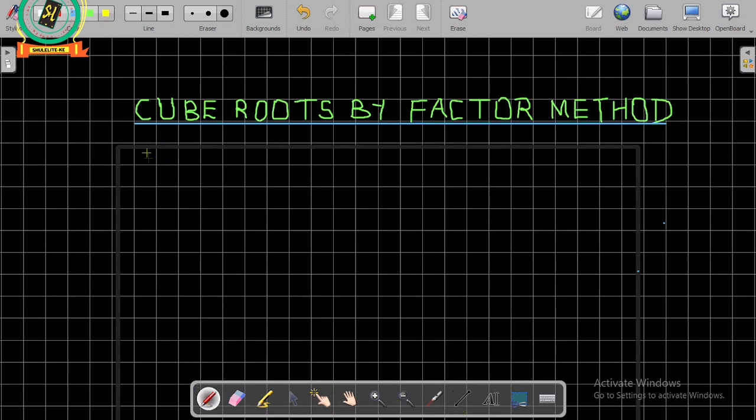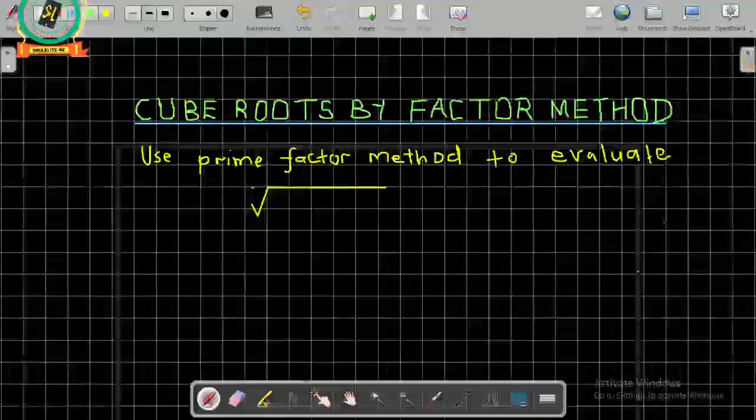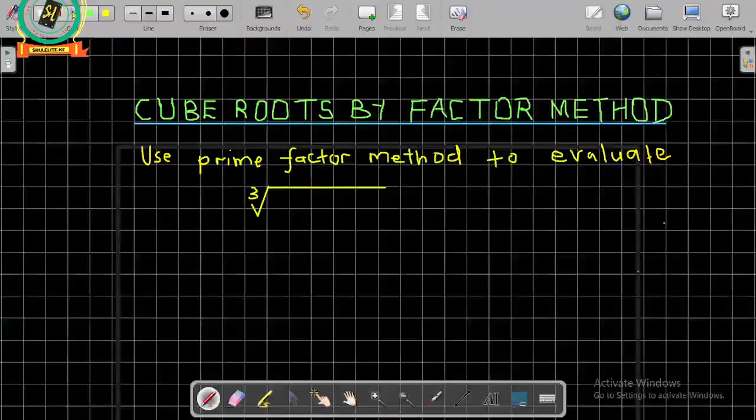That is, we are being asked to use prime factor method to find the cube root, or maybe let me frame it to evaluate the cube root of this number here.